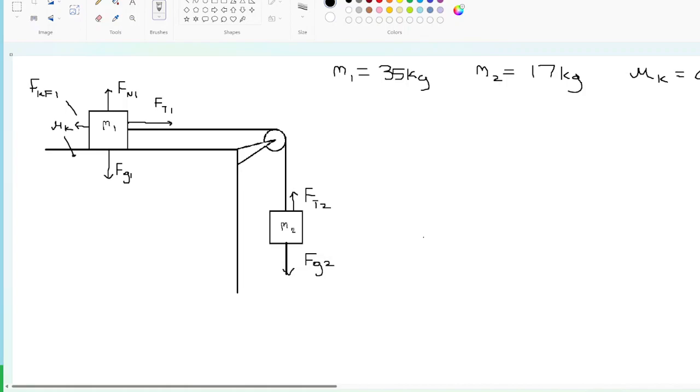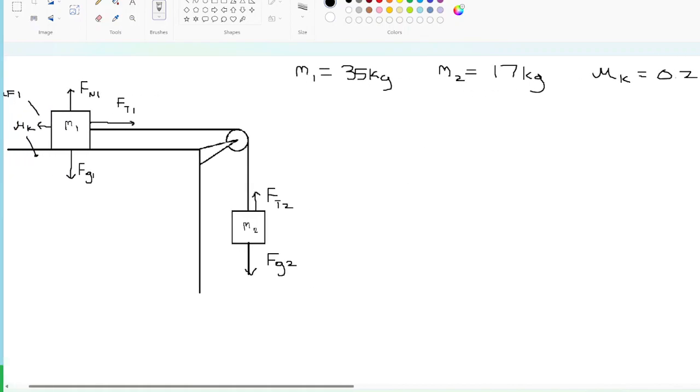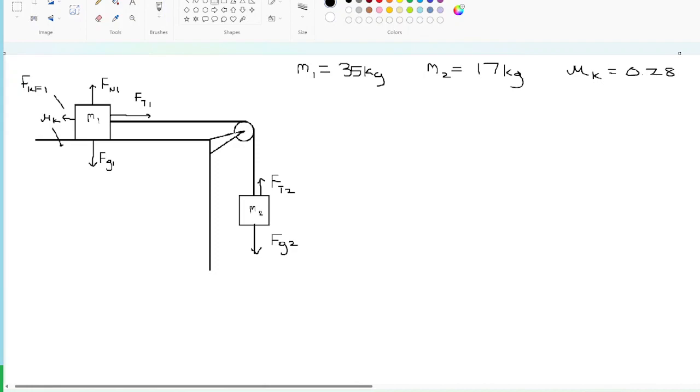Let's draw this in a way that probably will make more sense. Let's draw this in space, where there's no gravity, no anything.